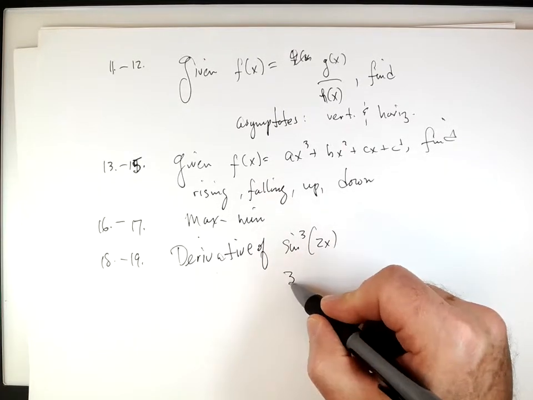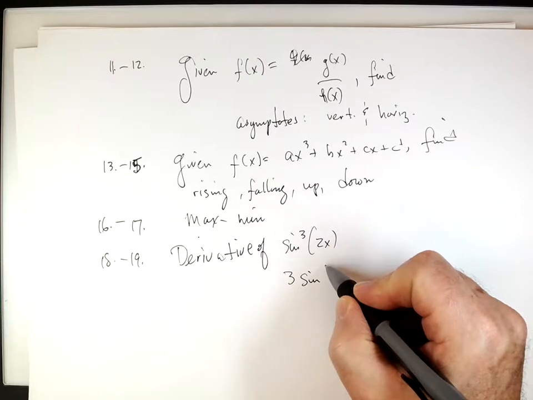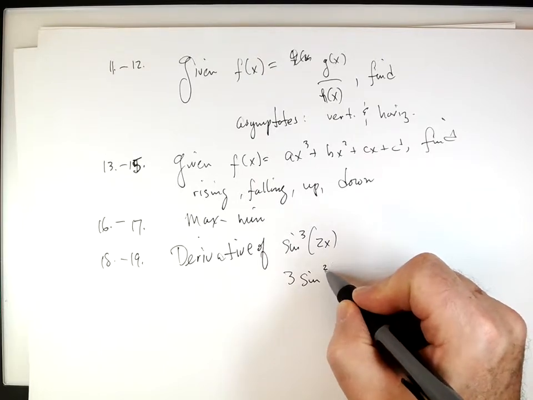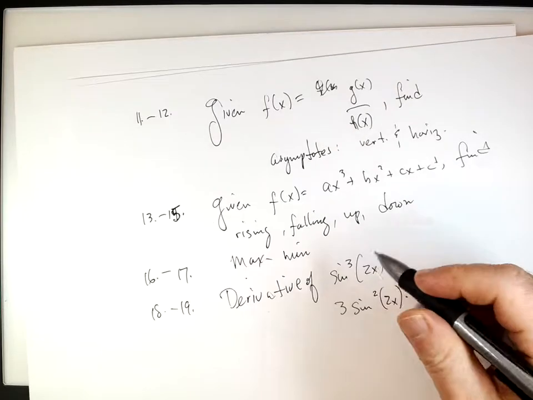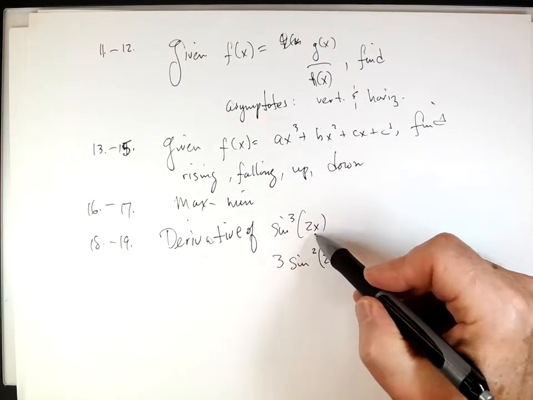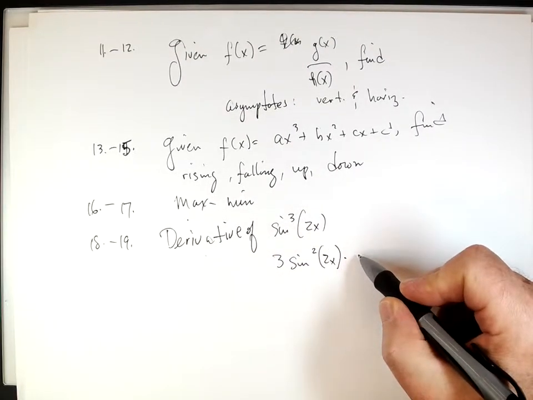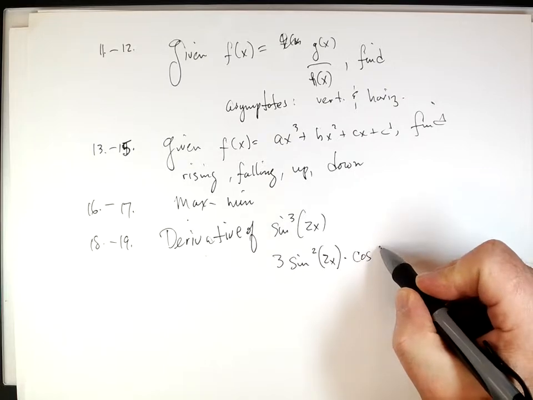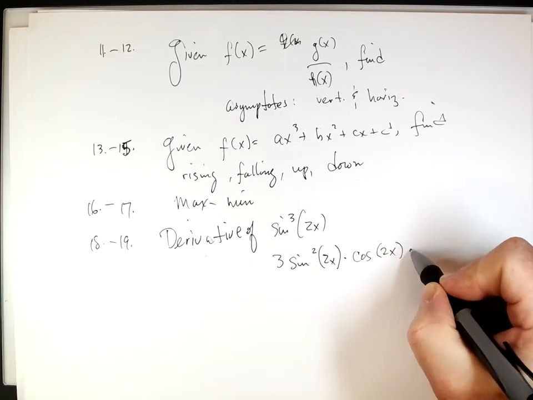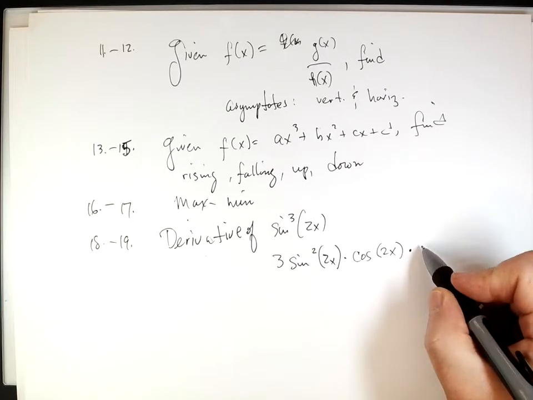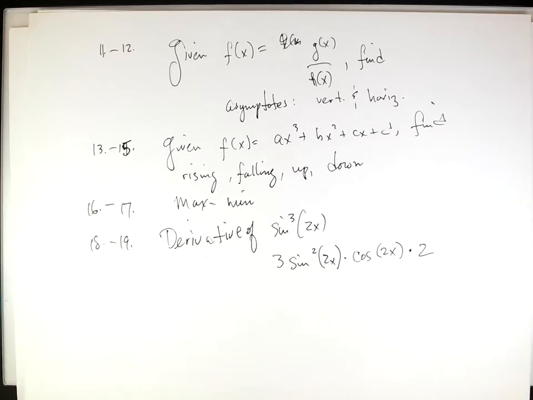Move the 3 to the front, the 3 becomes 2, times the derivative of sine 2x, which is cosine 2x, times the derivative of 2x, which is 2. That would be the derivative.